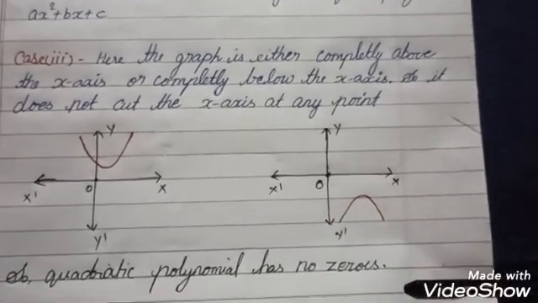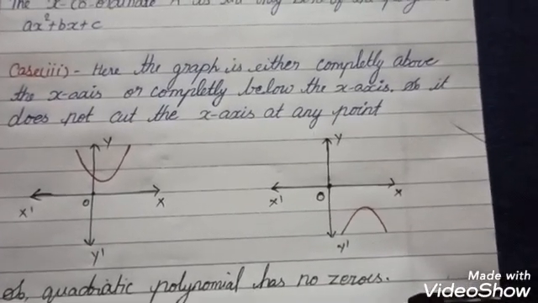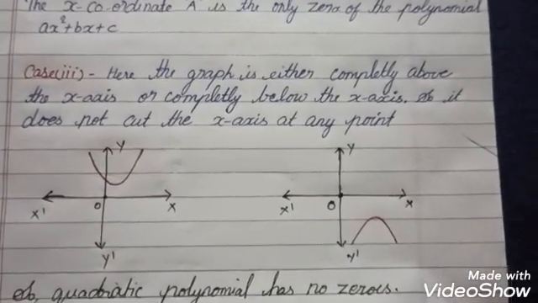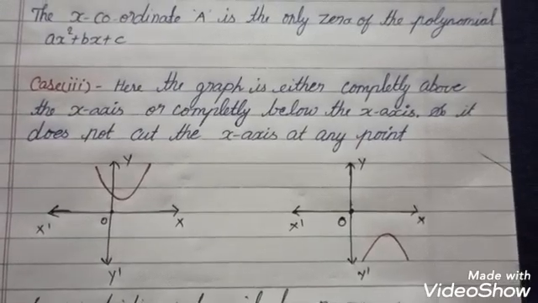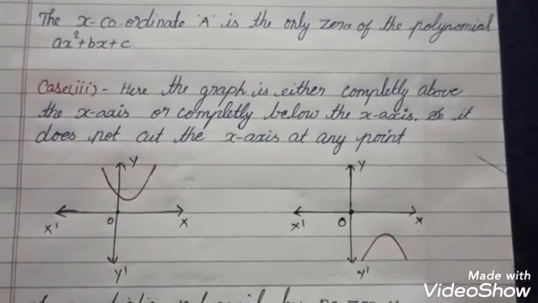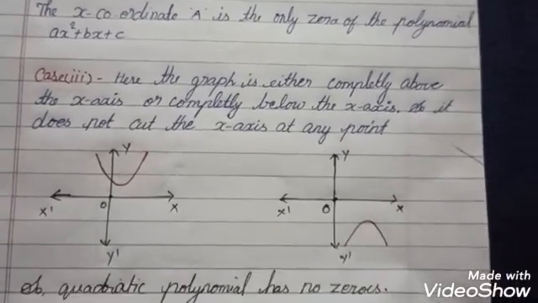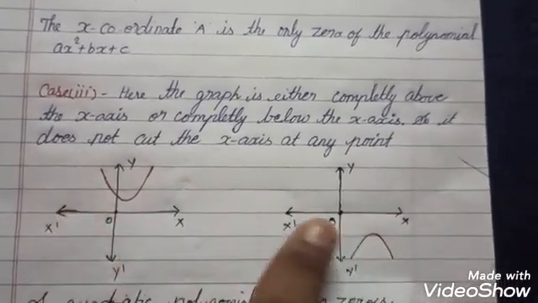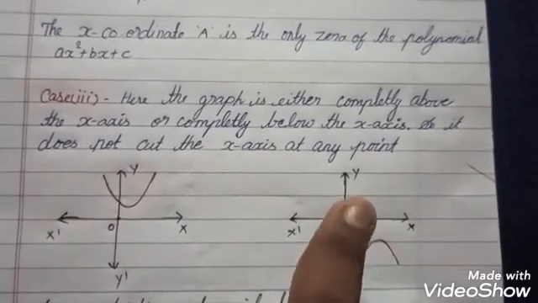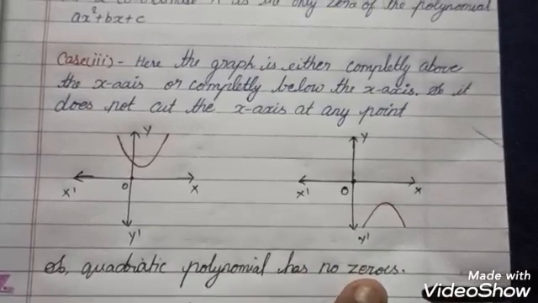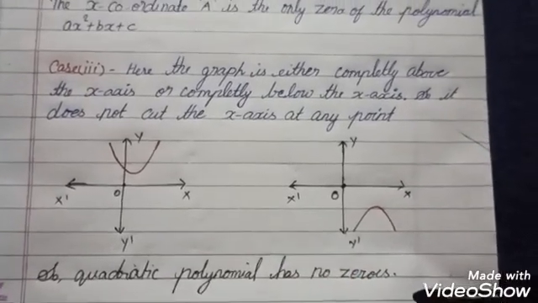So we conclude that the number of points where the parabola intersects the x-axis gives the zeros of the polynomial. In these 2 graphs, the parabola doesn't intersect at any point, so the quadratic polynomial has no zeros.